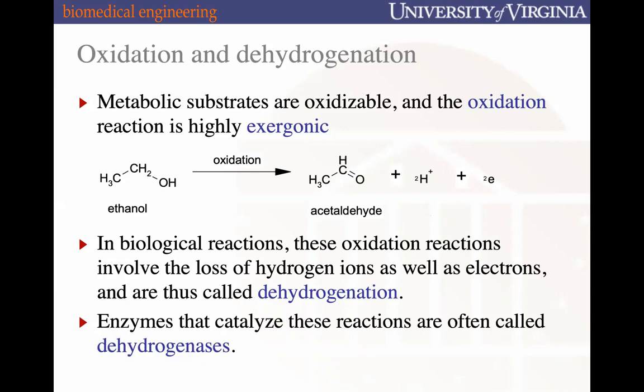And as you can imagine, the enzymes that catalyze these reactions are called dehydrogenases. In this example, ethanol undergoing oxidation and dehydrogenation, the enzyme that catalyzes this is called alcohol dehydrogenase.